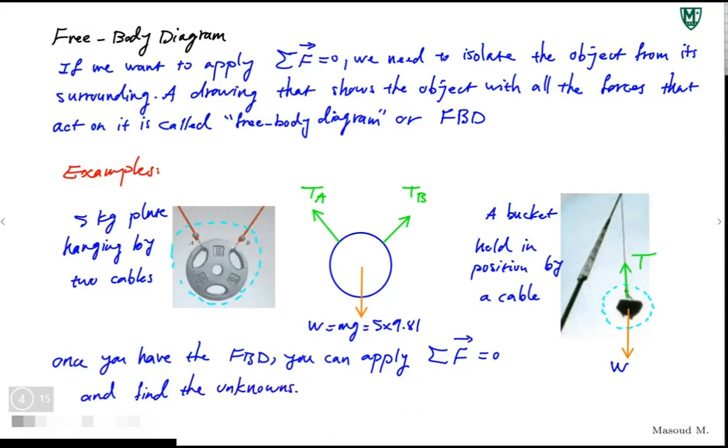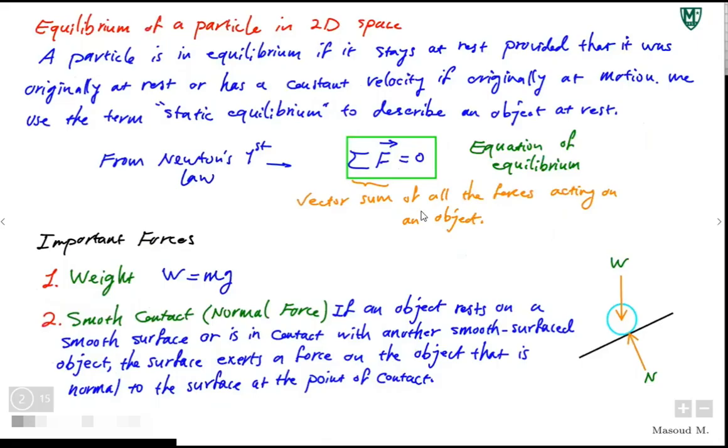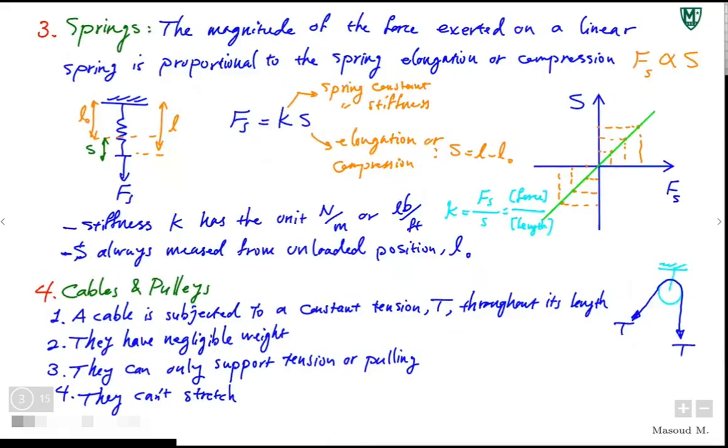I'll look at that in more detail in a couple of examples. You apply your equation of equilibrium that we introduced a while ago. So to see the connection: you know the four forces, you draw the free body diagram, isolate, draw those forces on your object, then you apply your equation of equilibrium. That's the process you follow.